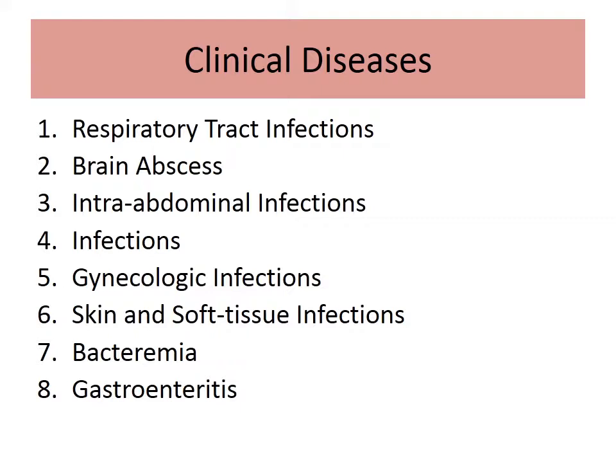So when a person comes with an intra-abdominal infection or gynecological infection, I would rather look for Bacteroides or abscess before even looking for any other microorganism that may cause it. Because right now, I think your mindset is that since we are talking about bacteria, you're thinking gastroenteritis is only from bacteria, but we haven't started talking about viruses and parasites and fungi.